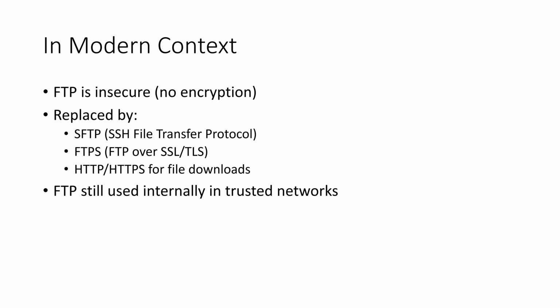HTTP or HTTPS is commonly used for public downloads today, but still FTP continues to be used within controlled and trusted networks or for legacy systems where encryption isn't a concern.